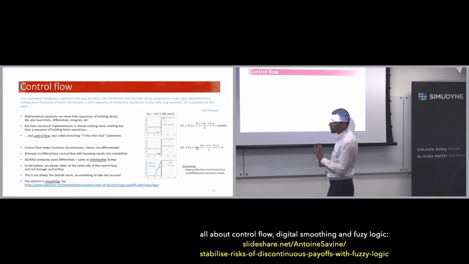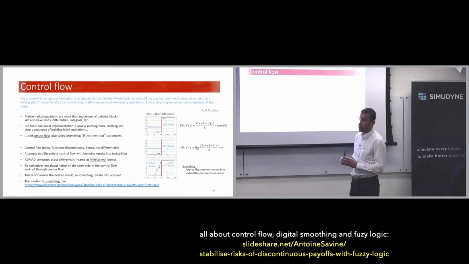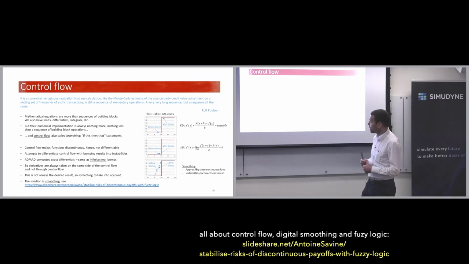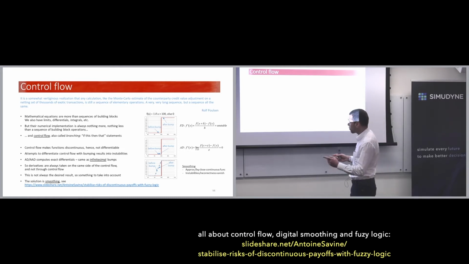And again, it's not about what you mean to do, it's about what you effectively do. And what you effectively do is a sequence of operations and control flow, also called branching in computer science, that are the if-this-then-that statements, right? You also have the loops, but the loops are okay, they're unrolled into sequences of statements. You have while loops, which are combinations of loops and if statements, so our problem is really the if statement.